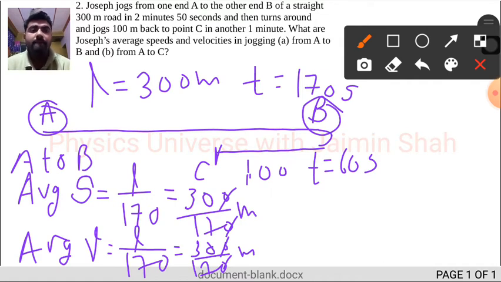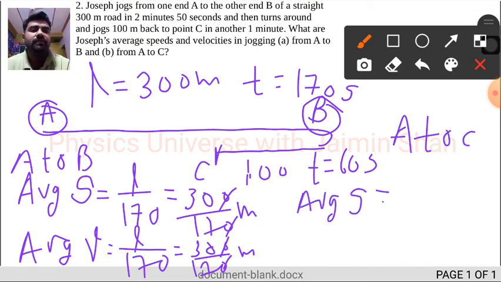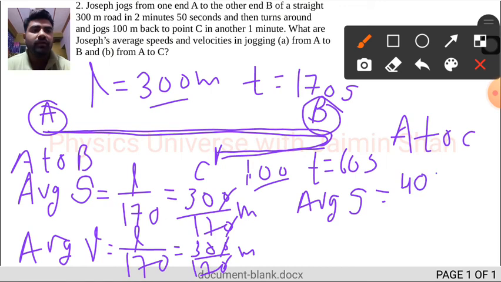Now for A to C, average speed is equal to, remember, whenever speed comes, the total distance covered by the object. Total distance is first A to B and then B to C, so 300 plus 100, that is 400 total distance.